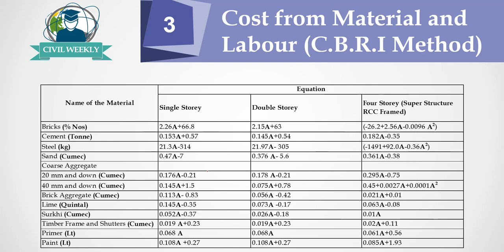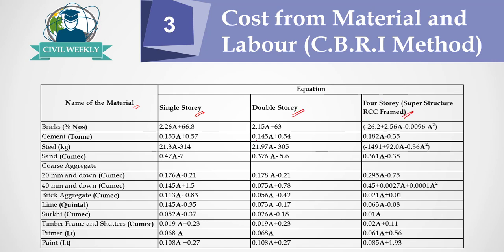As you can see, this table shows the materials. Different types of materials are there: bricks, cement, steel, sand, coarse aggregate, brick aggregate, lime, surki, paint and primer. They have given us the equations for single story, double story and 4-story structures.